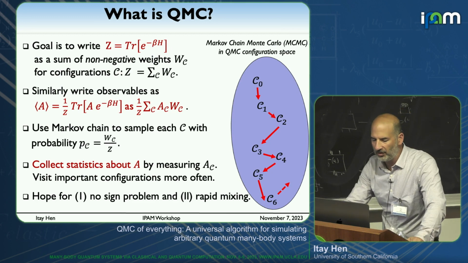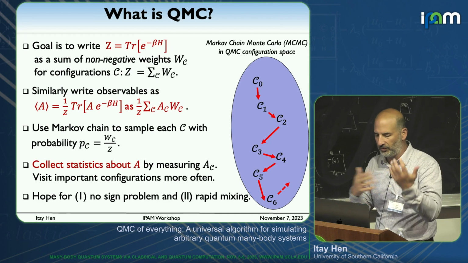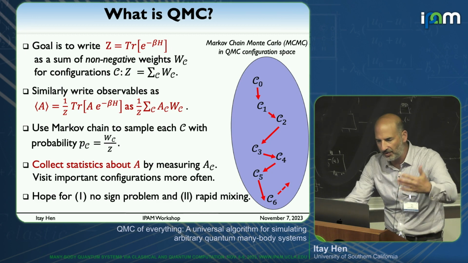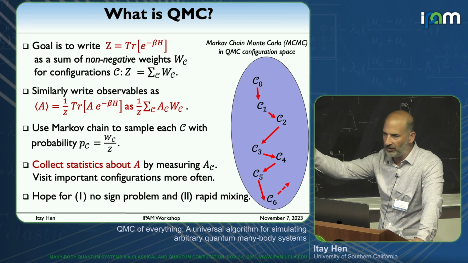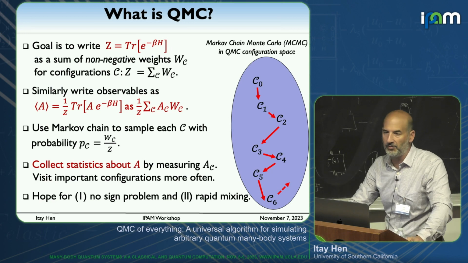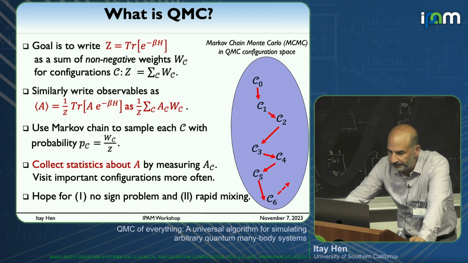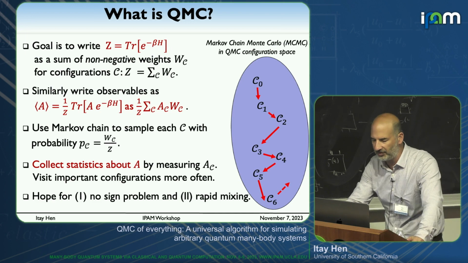And if you are ergodic and you have detailed balance, you will be collecting statistics about the operator at every configuration. You collect some value, then you average them at the end. You find your thermal average of the physical operator. And the hope, again, is that there's no sign problem. All the weights are positive.